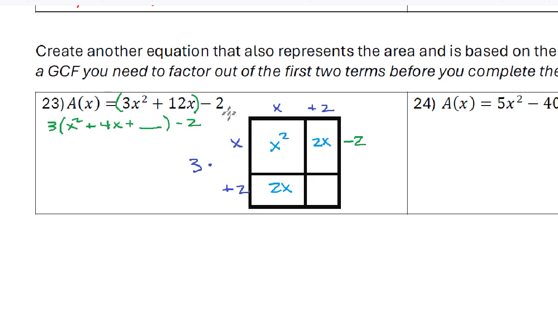And sometimes I'll put these in parentheses to show you that we've got 3 of these quilt squares that we are making. So again, what number do we have to add to make this a perfect square? Well, that's easy. The dimensions of this lower right are 2 times 2, which is 4. And that means we have to put a 4 here in order to make this into a perfect square.